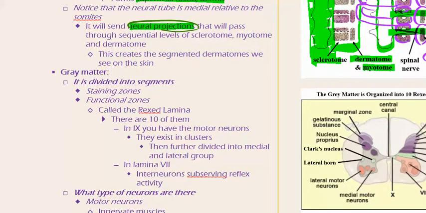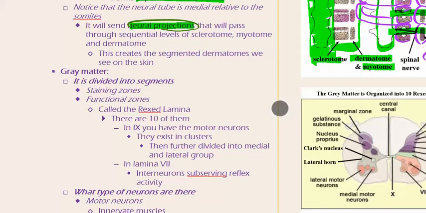What gave rise to the gray matter? It's a question for you, Dahlia. Neural tube. Okay, yeah, but what part of the neural tube? If you don't know, it's okay, we'll ask someone else. Isn't it basal?